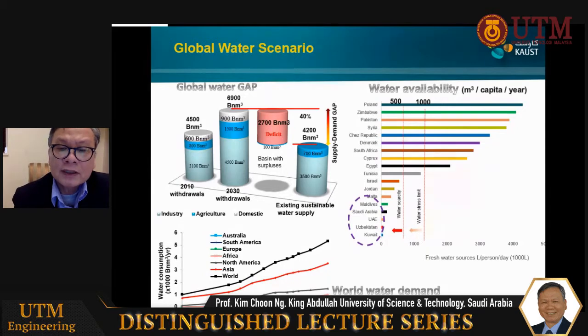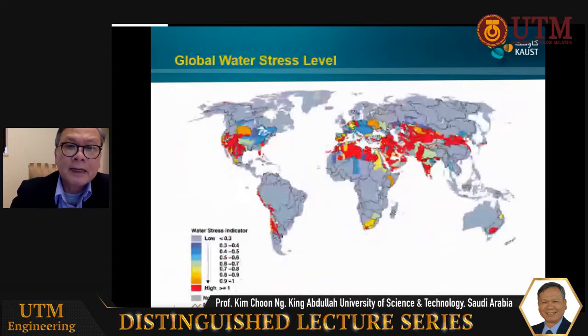So therefore, water desalination is very important for these GCC and North African countries. And as such, many large plants are being built for providing water to these countries.